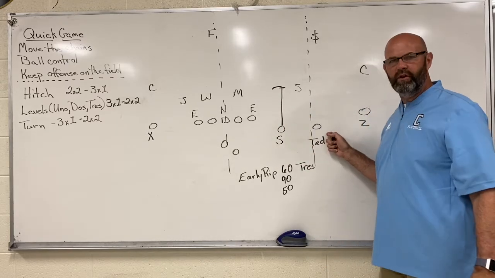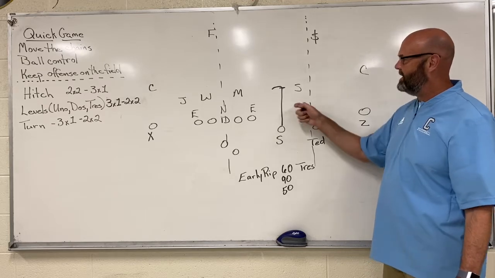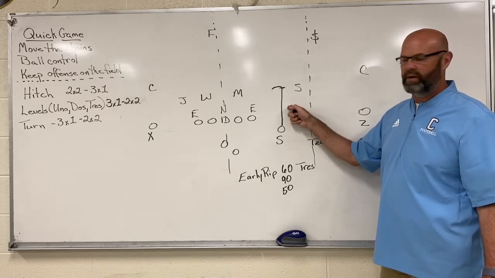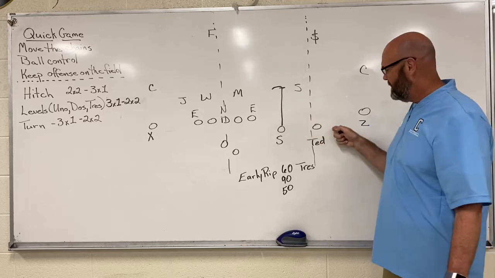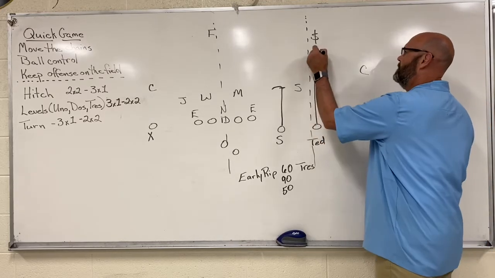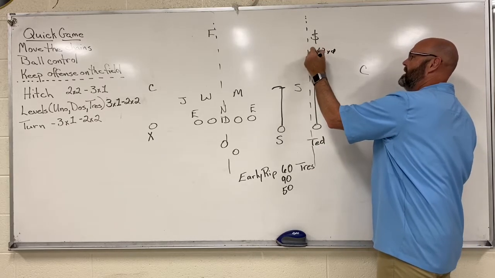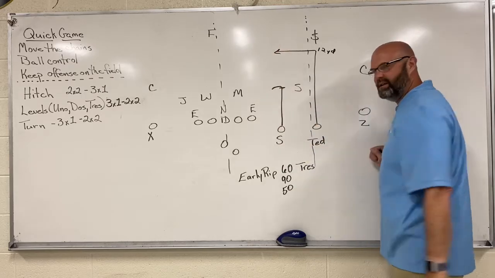The TED, the number 2 receiver, again, we're running levels. He has to run a leveled route off of this. Well, if he's running the short route, he naturally has to run the deep route. And so we will push vertical with him till we get to a depth of about 12 yards, and then he runs a dig.